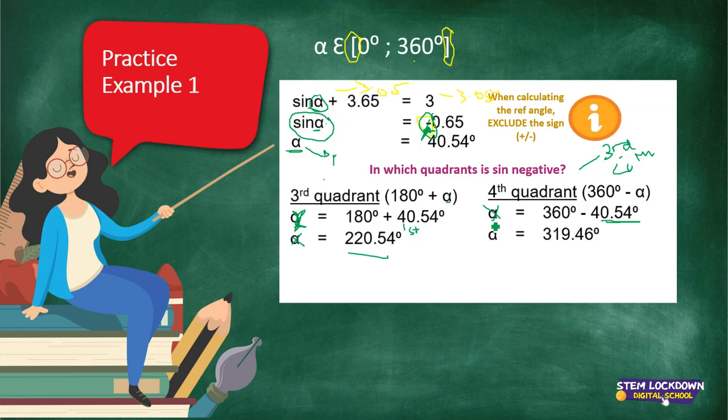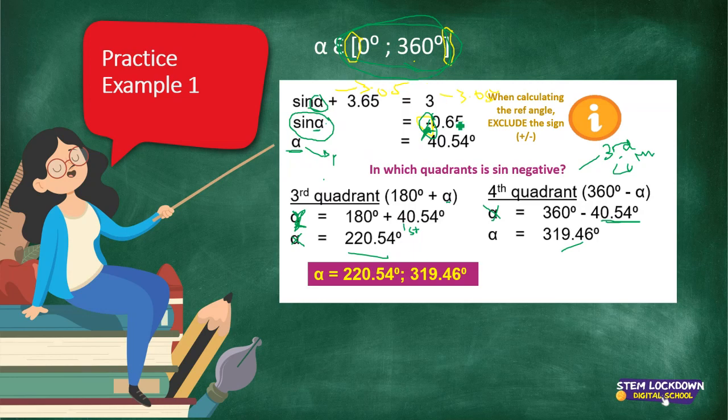And so what I'm saying to you guys is this and this are only two answers: 220.54 degrees and 319.46 degrees. These are our two answers within our given interval.